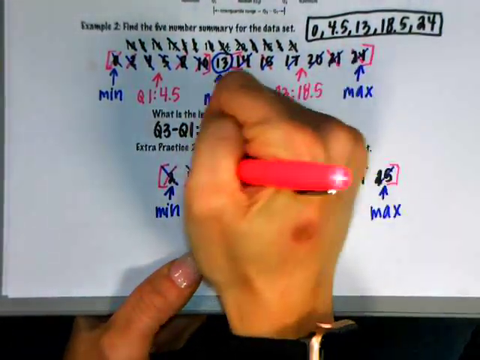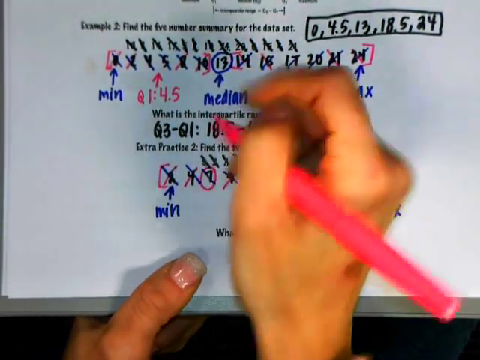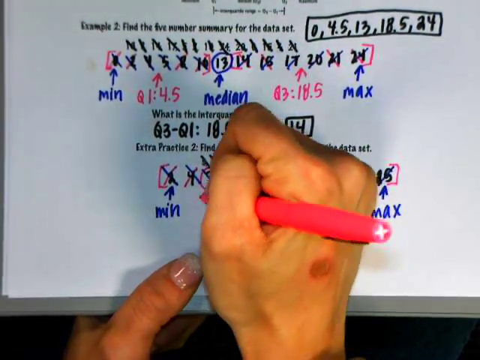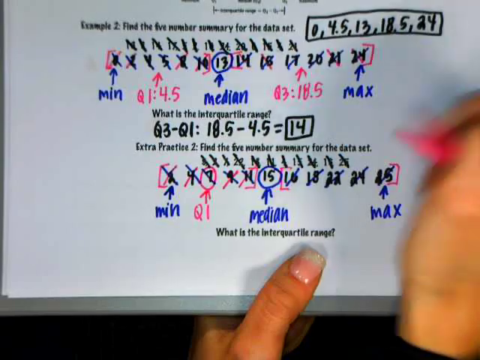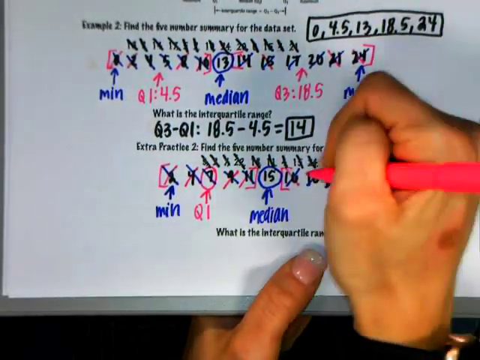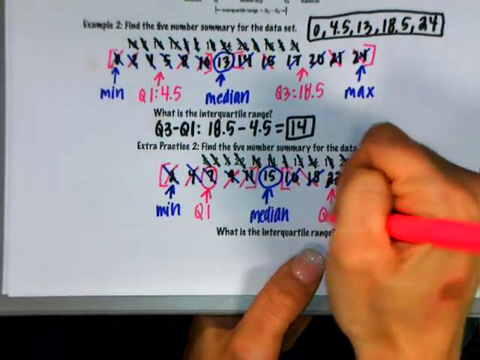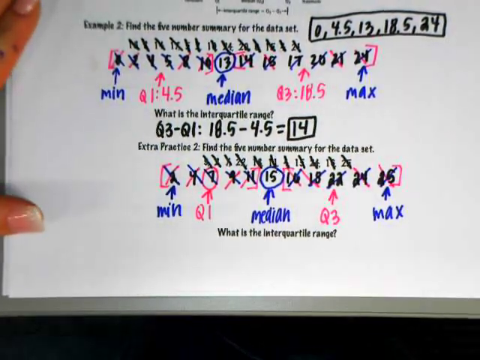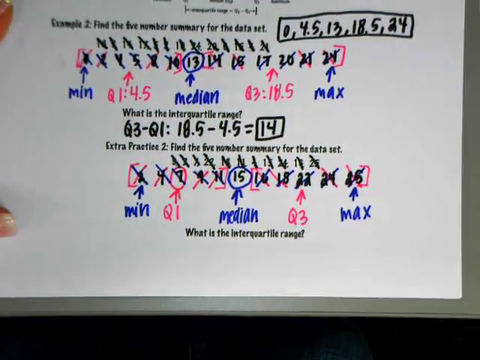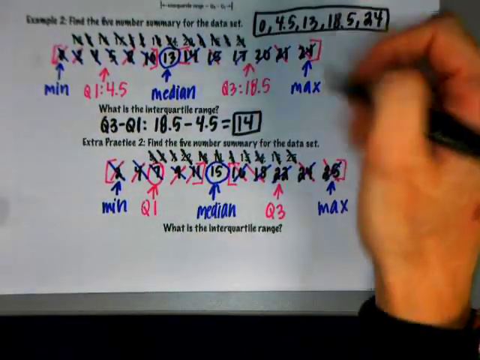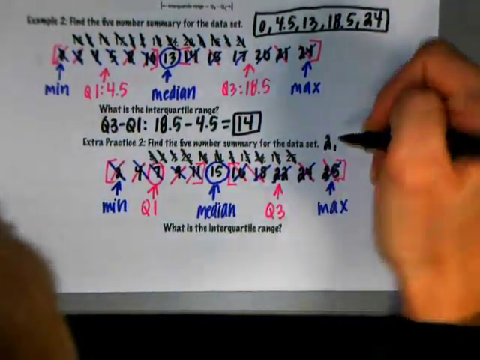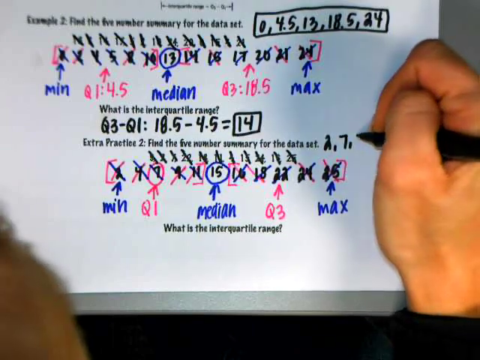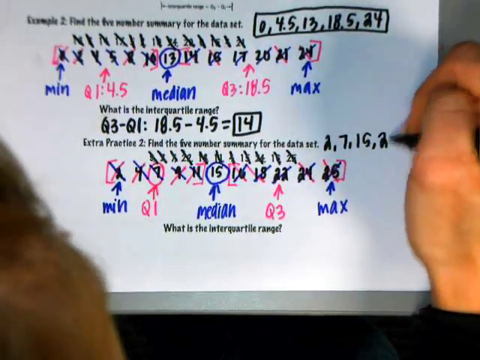All right, so on this side, you actually have values. So this one's going to be 7. And on this side, it's going to be 22. Okay, so your 5-number summary, you should have 2, 7, 15, 22, 25.